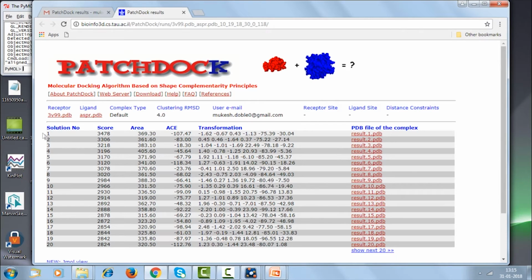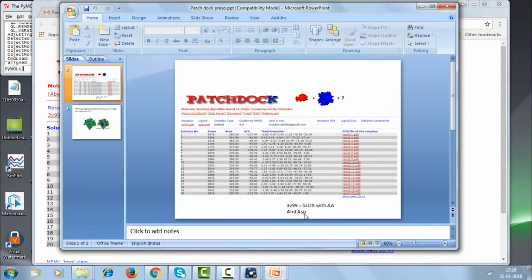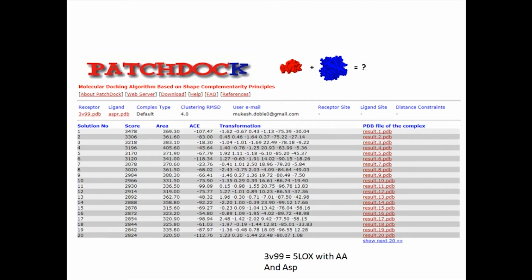As you can see here, we were looking at aspirin and at the 5-lipoxygenase protein 3B99. It tries to give a score, a big score or a small score, and so on.